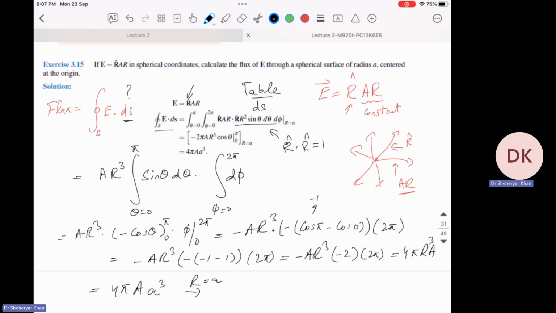You see, cos theta from 0 to pi. This minus should be outside. Keep it outside. Then expand this: cos 180 minus cos 0. So this is minus 1, so minus 1 minus 1 is minus 2. Minus 2 times this, okay, plus.